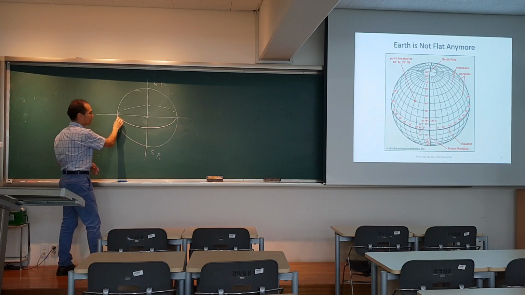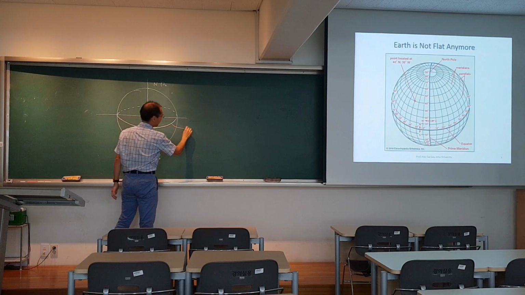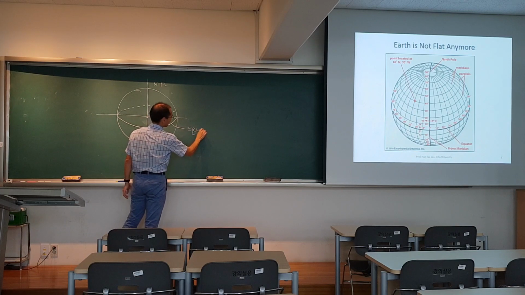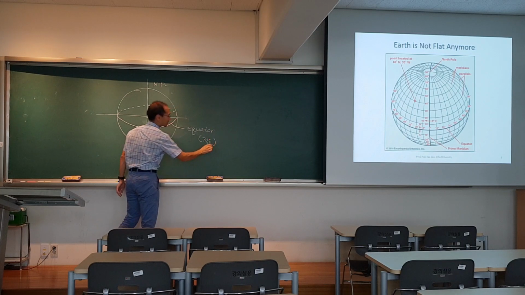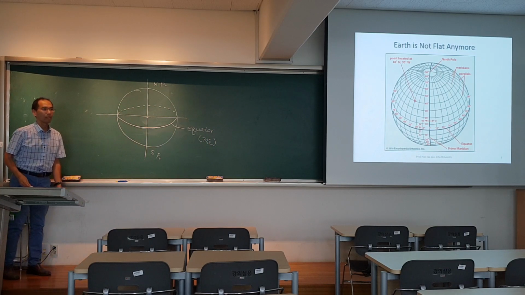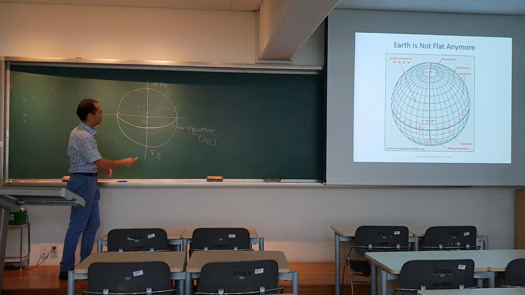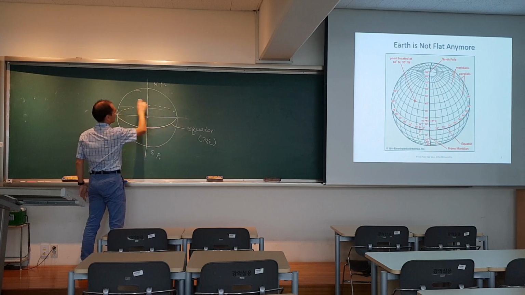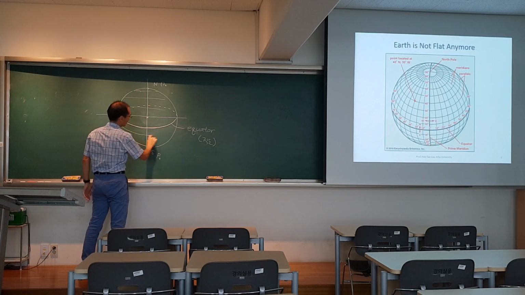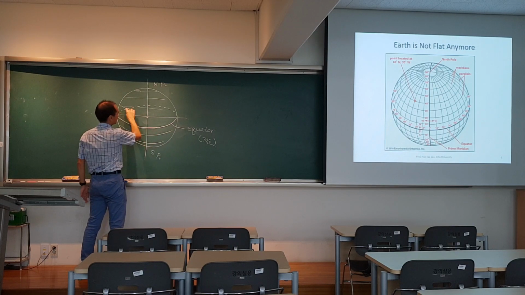So this line is called the equator. And then, if you cut parallel to this surface, like this, you will get lines like this.